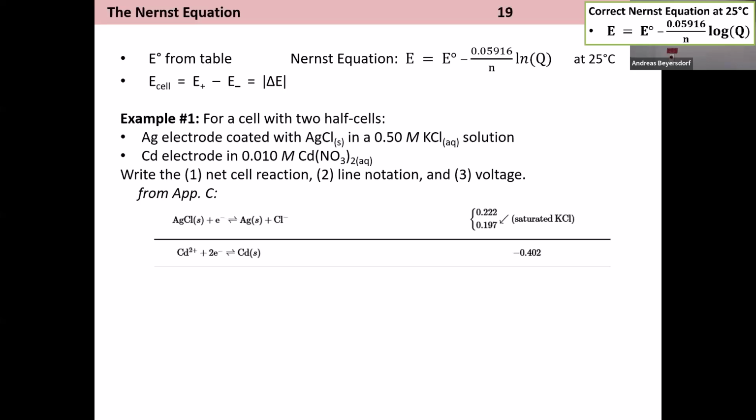Be very careful about the negative sign here. The negative sign here and the negative sign here cancel out, so that's a positive, right? And so that gets me 0.263 volts.